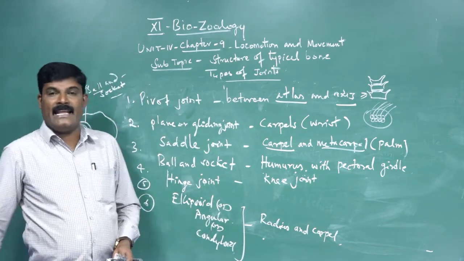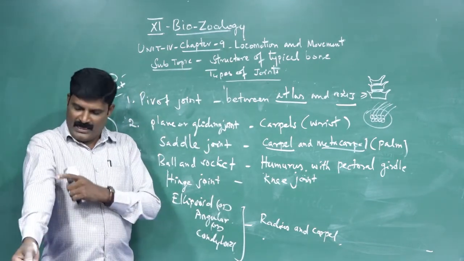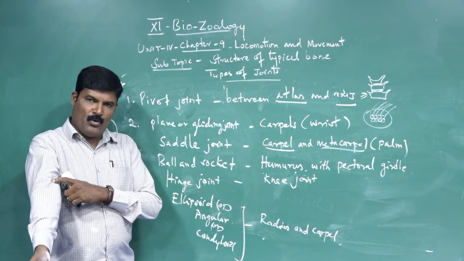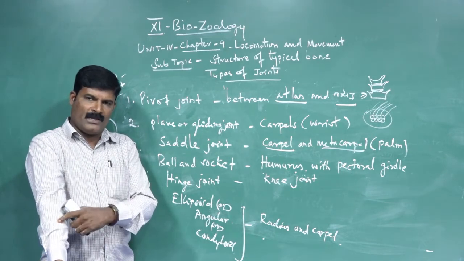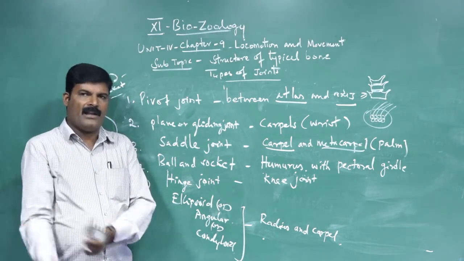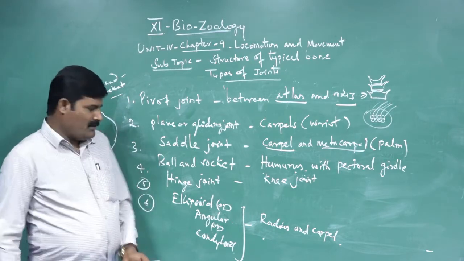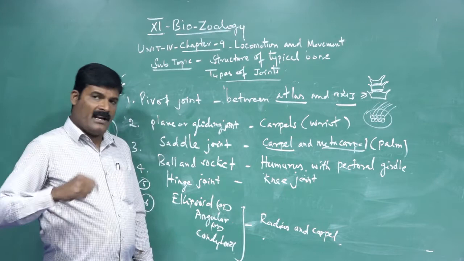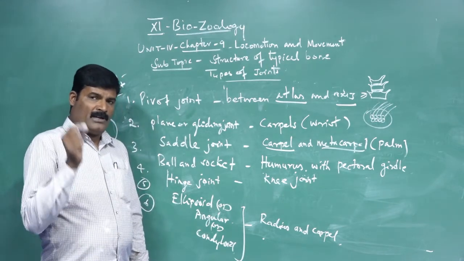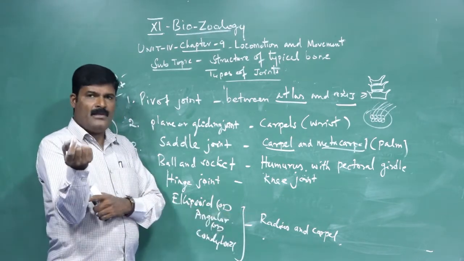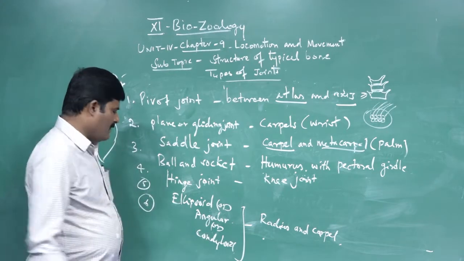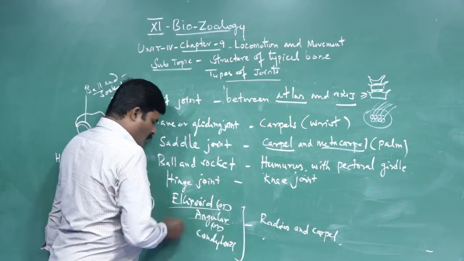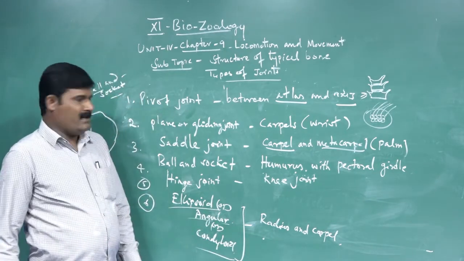Which bone is called radius? The humerus bone is connected with the two bones of the forearm. One is the ulna, another one is called the radius. Both the radius and ulna are connected with the carpal bones, but particularly the radius of the forearm connected with the carpal is called ellipsoid or angular, or condyloid joint.